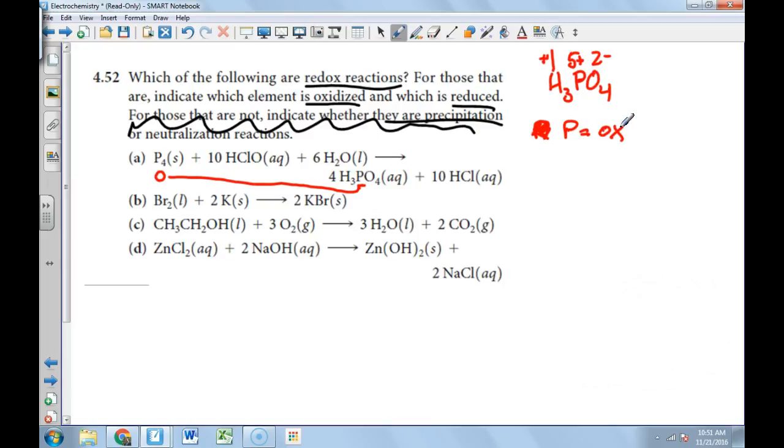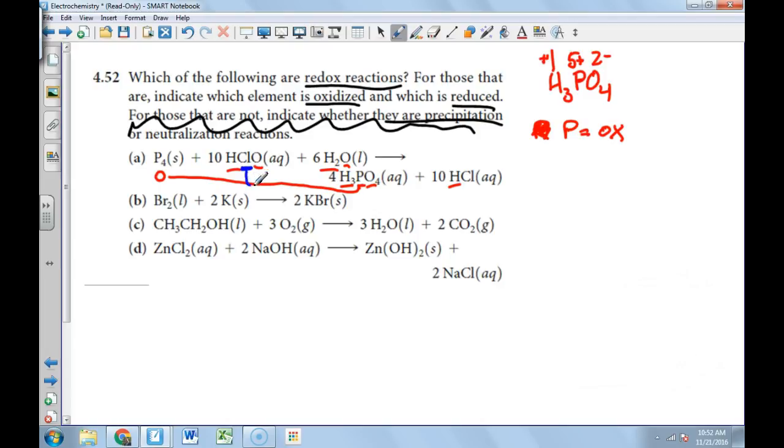Now, notice hydrogen is in a compound the whole way, so hydrogen is probably not what's being oxidized, or what's being reduced. Oxygen is in compounds the whole way, and there's no peroxides or superoxides or anything like that, so it's probably not oxygen. So what I do is I immediately draw my eye, because I've seen a lot of these, to the chlorine.